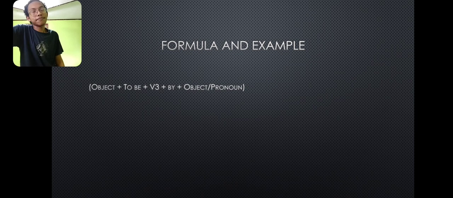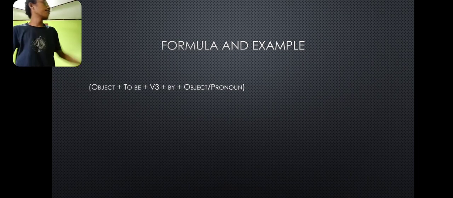Now here's the question: is there only one formula? Yes and no. Why do I say yes? Yes, because as you can see, I just gave one formula. But I will say no, because you might notice that after the object, I only gave to be.